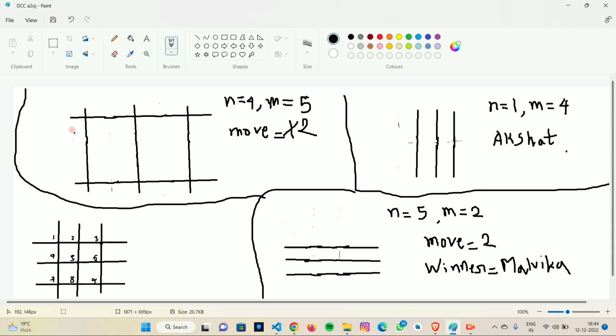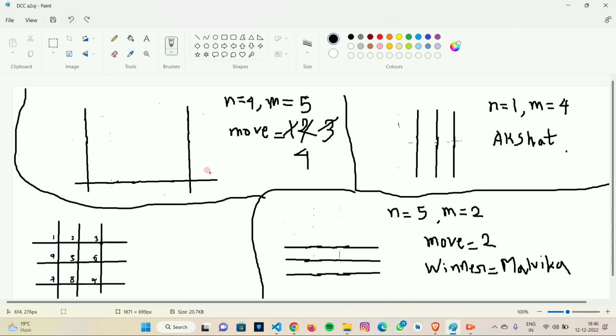And by now you must have realized that in each move we are removing 2 sticks, that is one horizontal and another vertical. In move number 3, let's say Akshat picked this intersection point and removed this stick and this stick, because these are the sticks that pass through this point. Now it is Malvika's turn and the move number is 4. There is only one horizontal stick and 2 vertical sticks remaining.